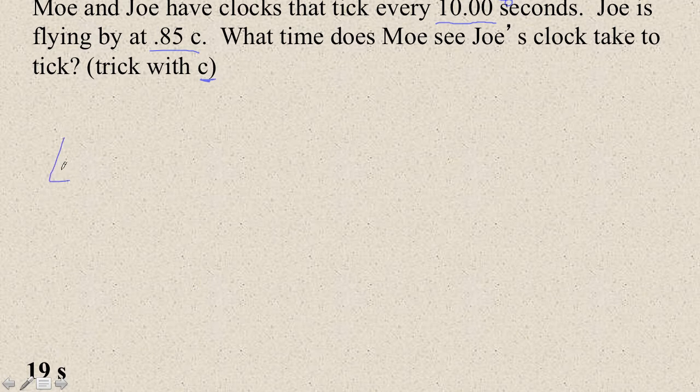The dilated time is the proper time over the square root of 1 minus. Right, so I'm going to go 10.